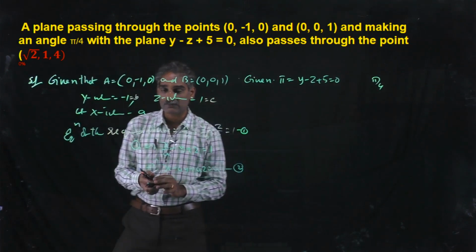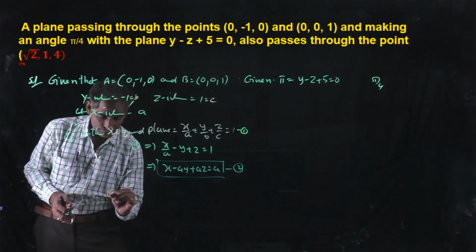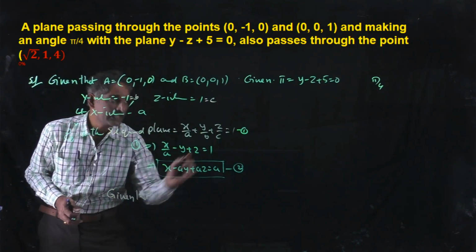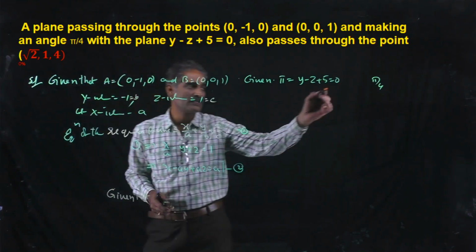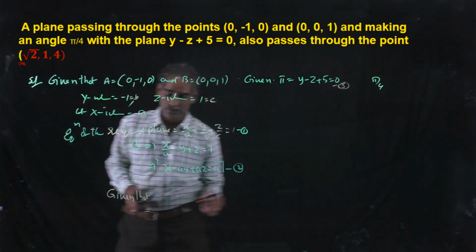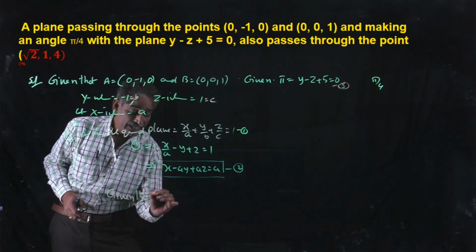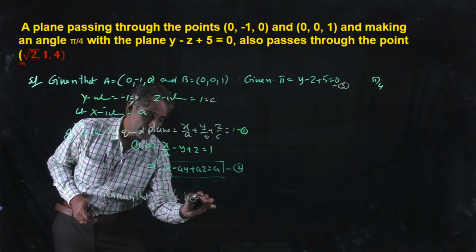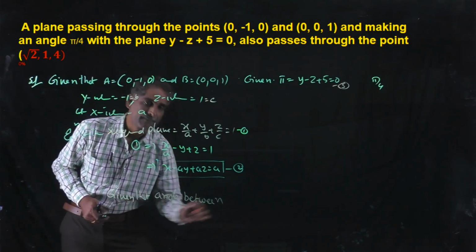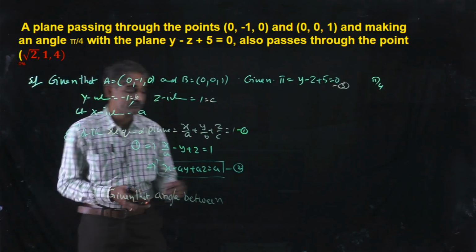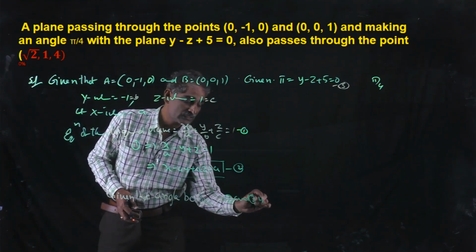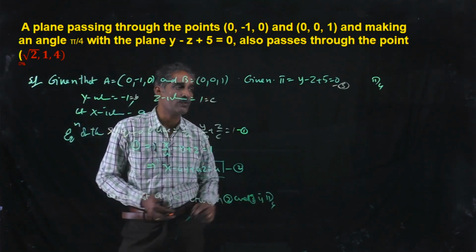Given that the angle between 2 and 3, let us take this equation as 3, the angle between 2 and 3 is pi/4.